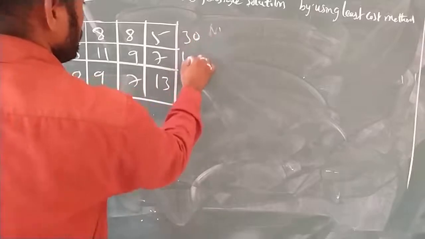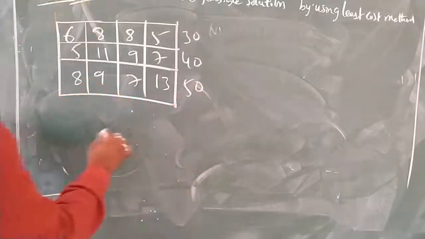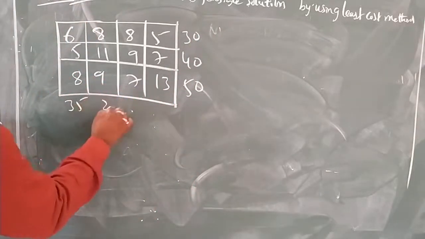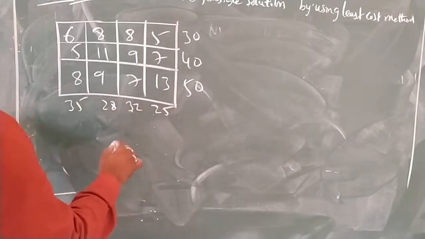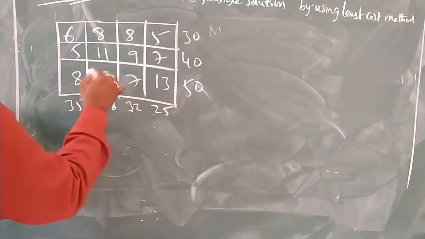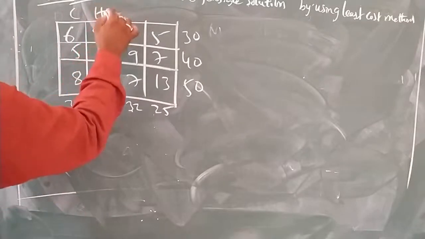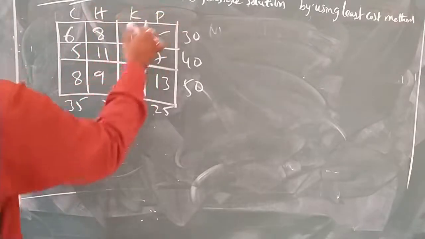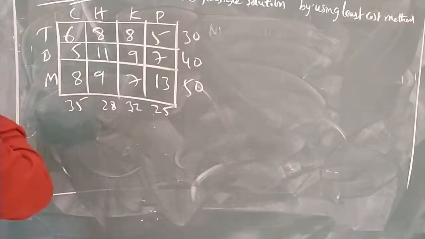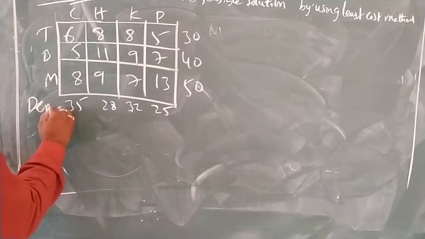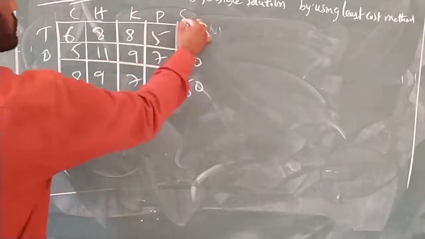So here 30, 40 and 50, 35, 28, 32 and 25. So here CH, KP, TBM. This is demand values and these are source values.